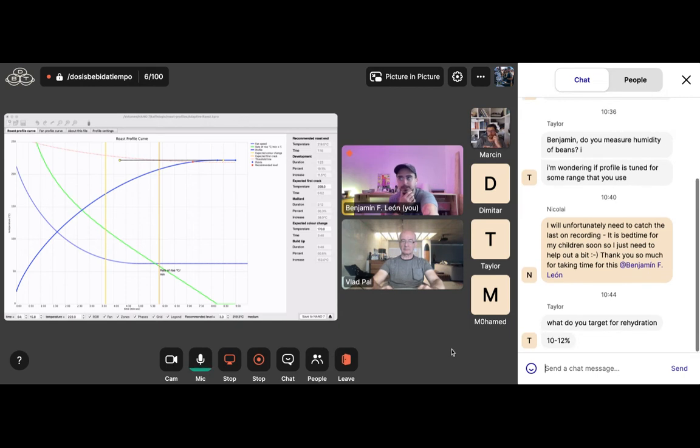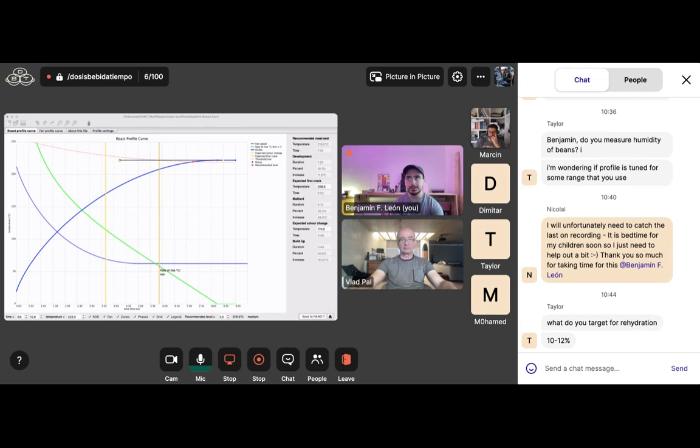Although if you're rehydrating coffee, because of the way the Kaffelogic works, I wouldn't say it's that necessary to heavily edit the profile. Of course, it depends on your target, but it's not much of a difference because the PIE just swoops in and takes charge.